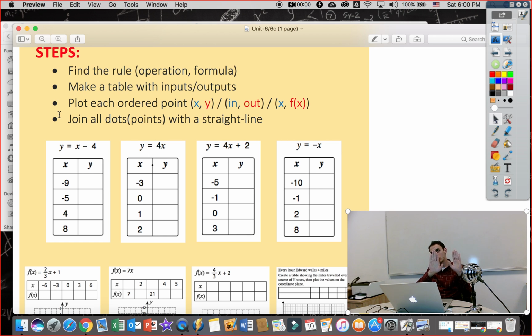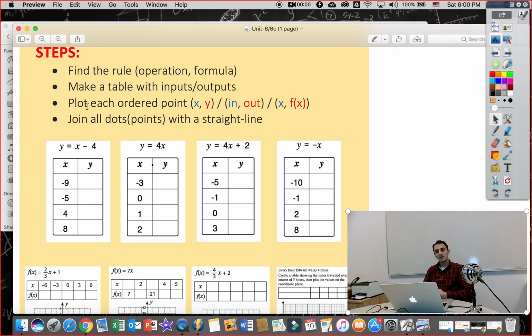Or in other words, the left side represents x or input and the right side represents y or outputs. If our table is horizontal like this, we have just an up line and a down line. So the up line generally represents input or x, and the down numbers generally represent y or output, okay?